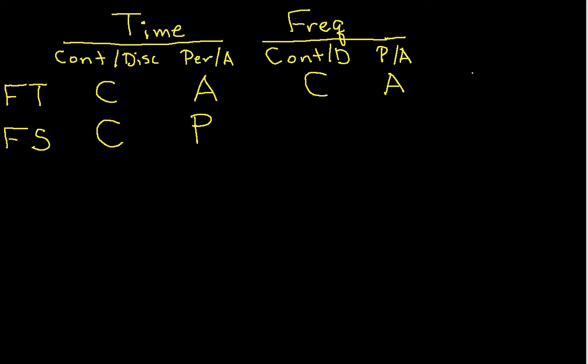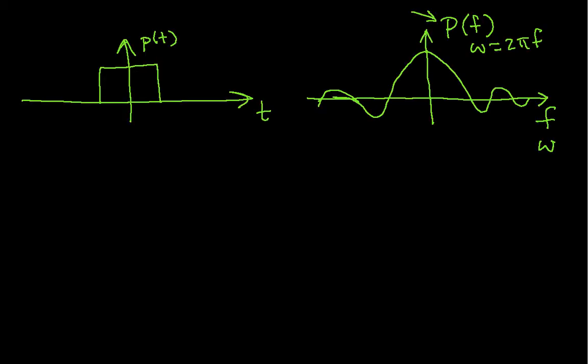And since it's periodic, what ends up happening is that the frequency ends up being discrete, and it turns out that it's aperiodic. Okay, so if we go to our picture again of waveforms, if I have a periodic waveform, it might look something like this.